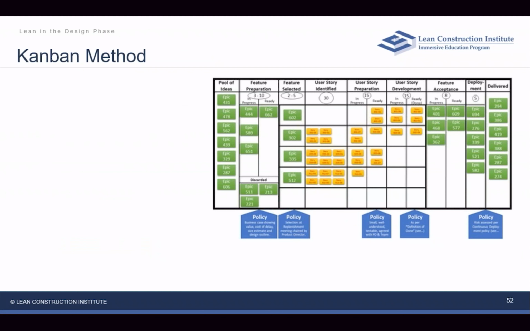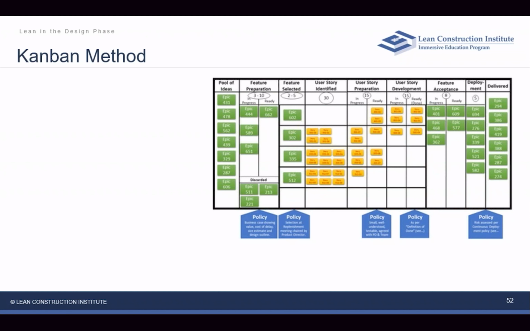So, the Kanban method. This is an area that is very interesting. The software development folks are really diving in and using this as a way of managing their workflow. And what we can learn from this, because I see a lot of our design practices as an opportunity, is that we can use the Kanban method, number one, to understand our work better, to see flow happening, and to improve our flow.